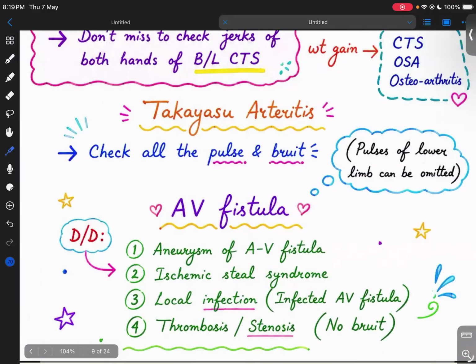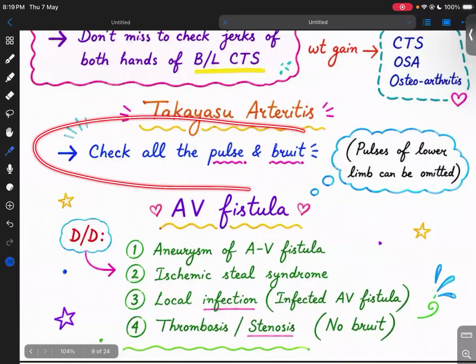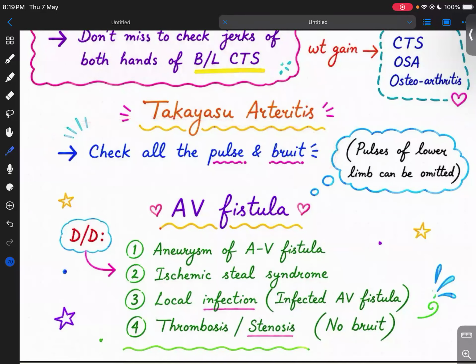That is, we have to check all the pulses and all the bruits. Bruit means carotid bruit and also the subclavian bruit. Also, we have to check for renal bruit. In the carotid region, we can auscultate the carotid bruit. But for auscultation of the subclavian bruit, we have to auscultate below and above the clavicle on both sides.